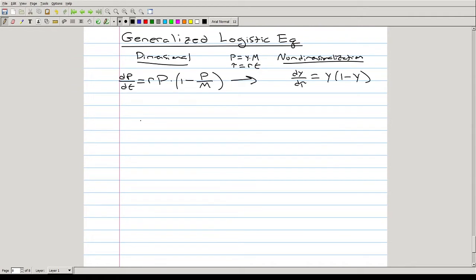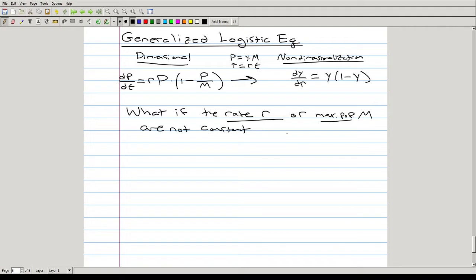This is good for a constant rate and a constant maximum population, but the question you can ask, which is a very valid question, is what if the rate r or the max population m are not constant, and depend on time?